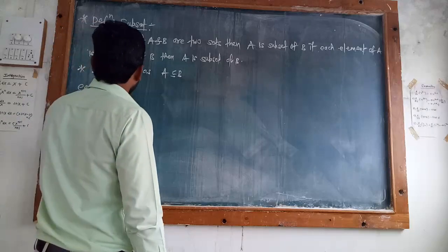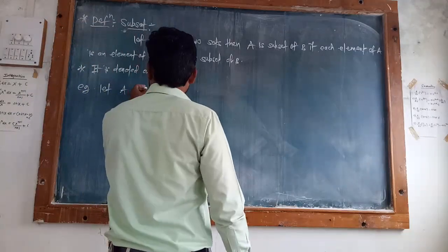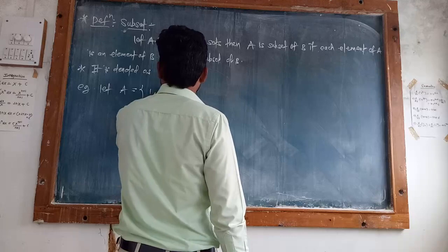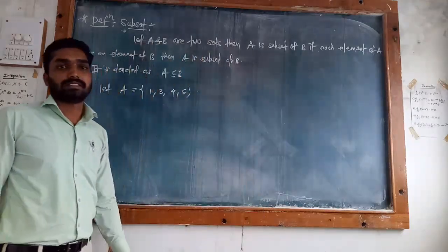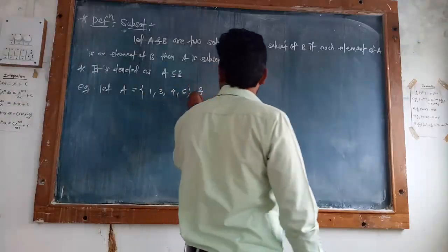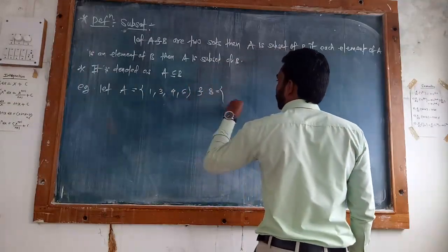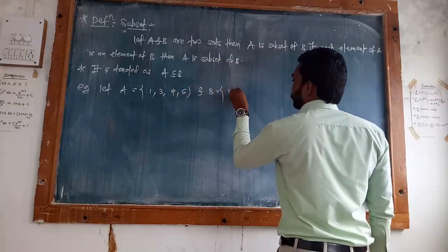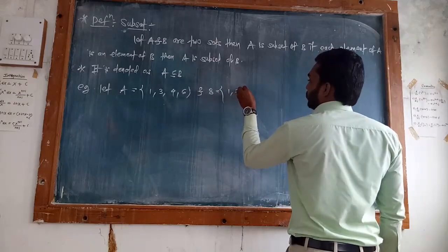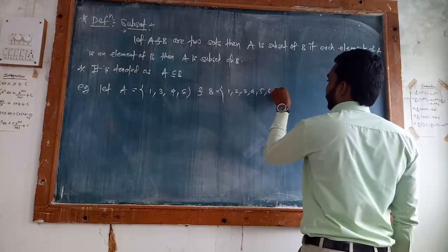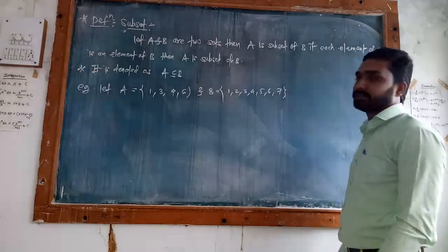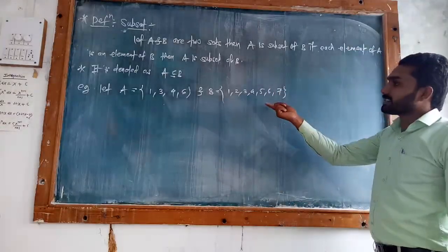Let capital A be {1, 3, 4, 6}, and your set capital B be {1, 2, 3, 4, 5, 6, 7}.